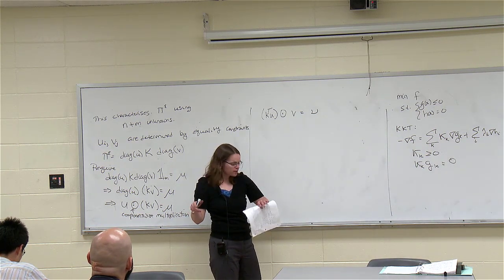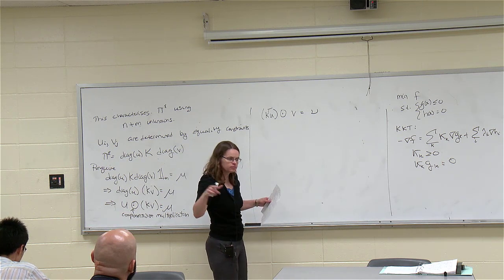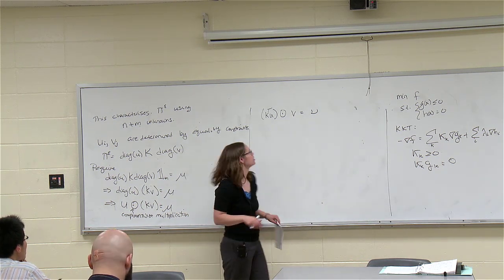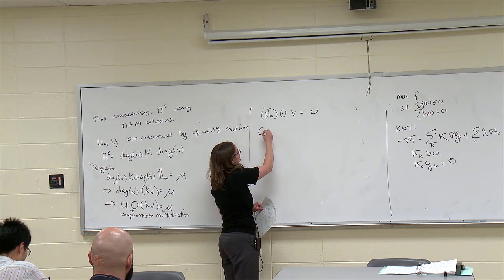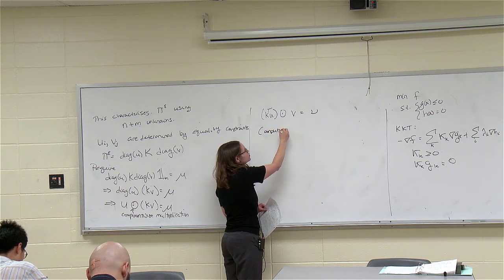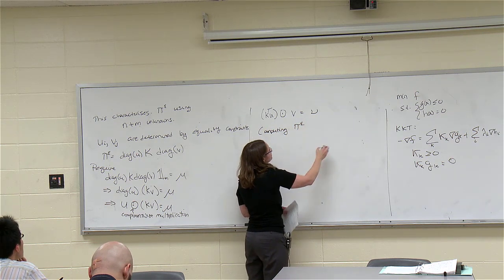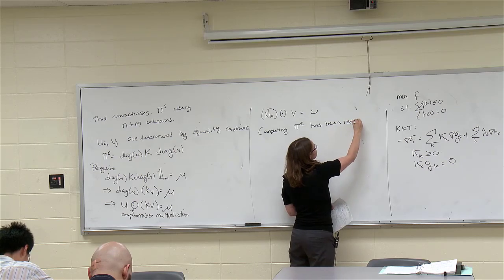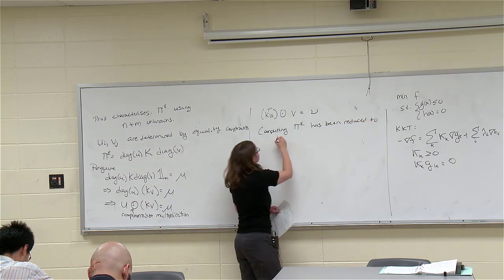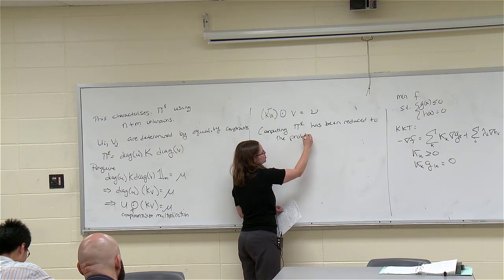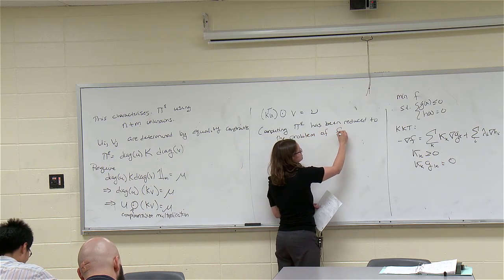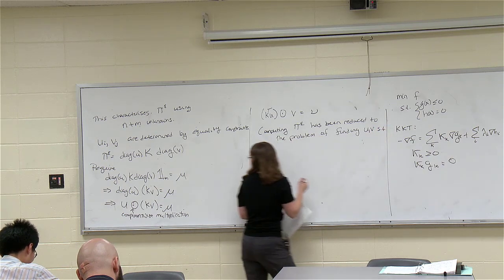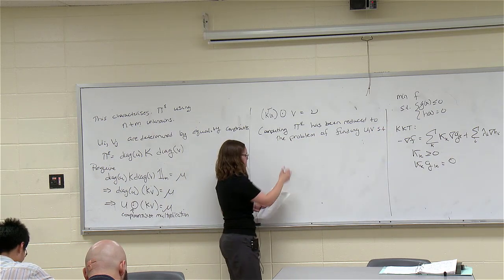Okay, so we're trying to compute this entropically regularized transport plan, which was a massive problem to start with. Now we've reduced it to this. So computing, or fully characterizing pi epsilon has been reduced to the problem of finding these vectors u and v such that these conditions are satisfied.